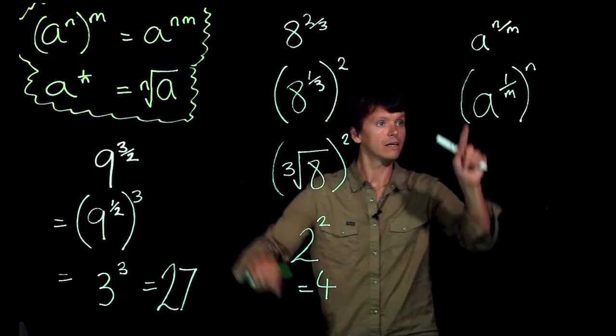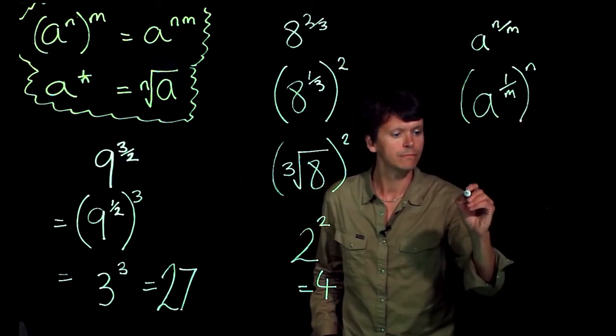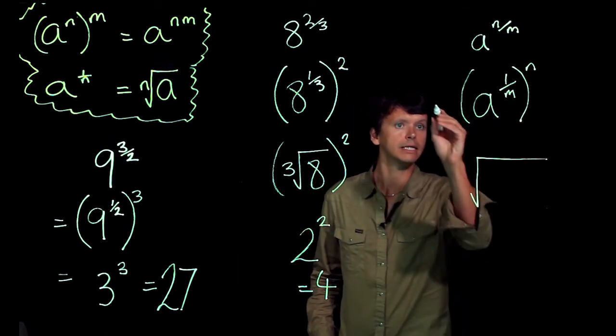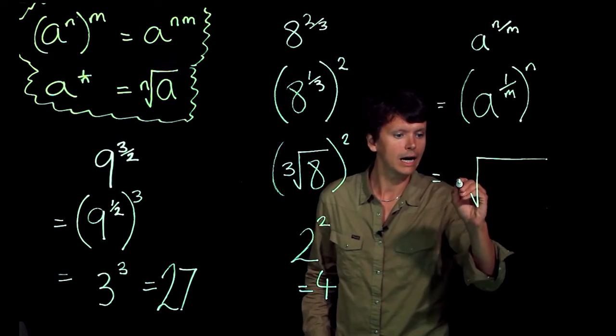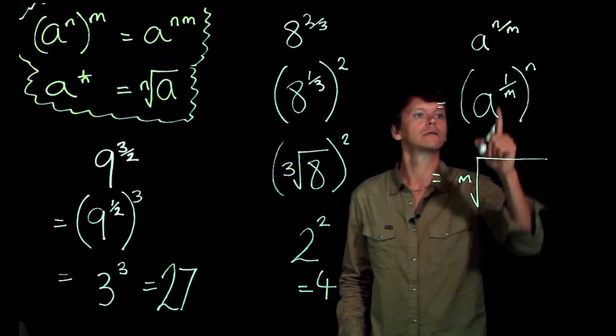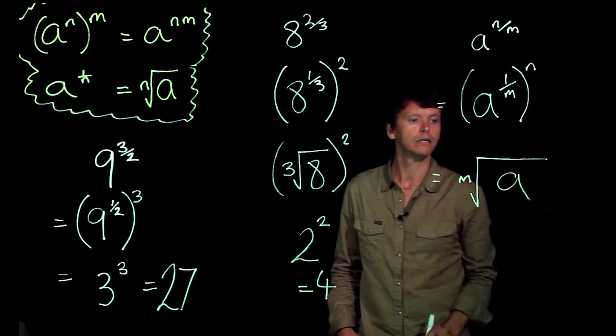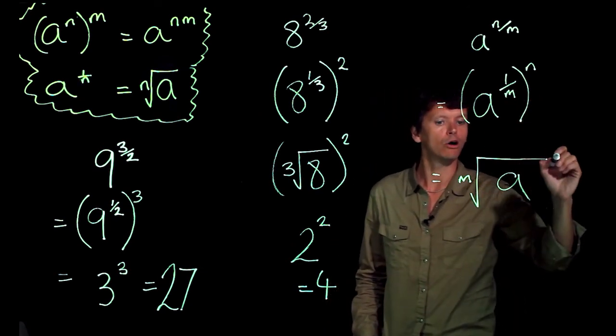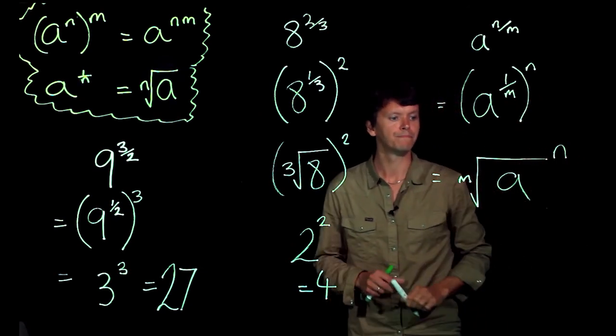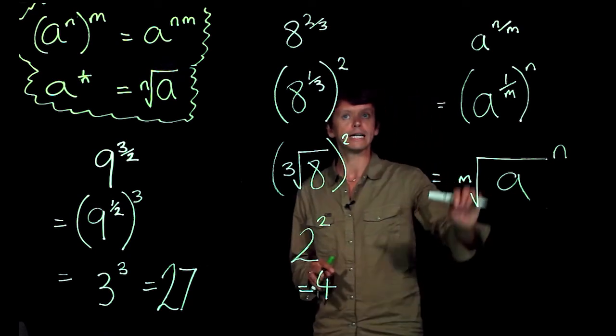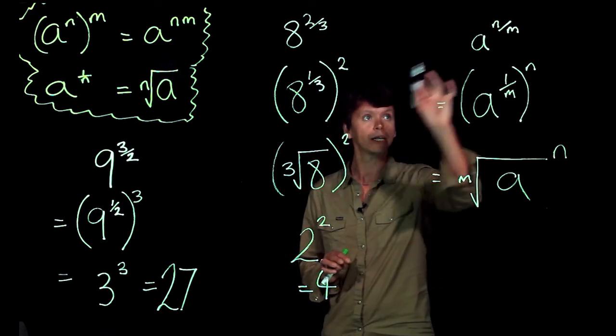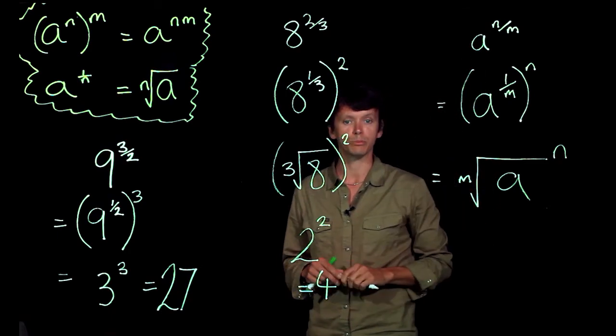We know from here that a to the 1 over m is the mth root of a, all to the power of n. And there's our general case of when we are raising a number to a fractional power.